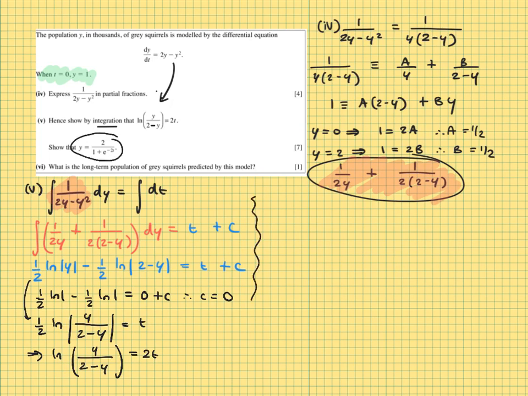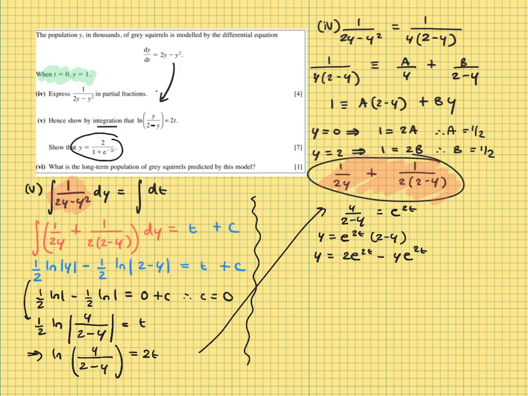So let's make a little bit of space here. We just need to do some rearranging of this result. So e to the power of both sides leaves us with y over 2 minus y equals e to the 2t. Multiply both sides by 2 minus y, which gives us this. Expand. y equals 2e to the 2t minus ye to the 2t.